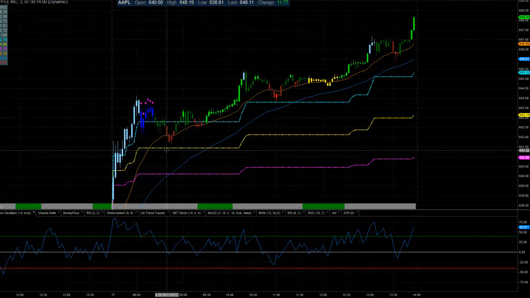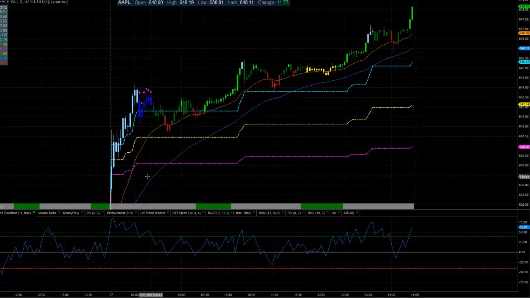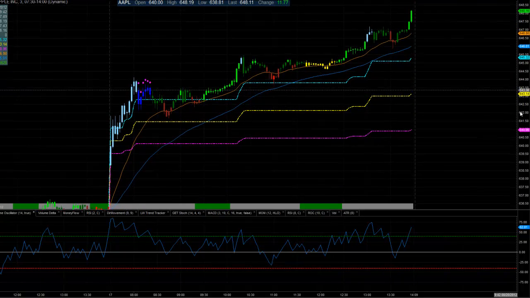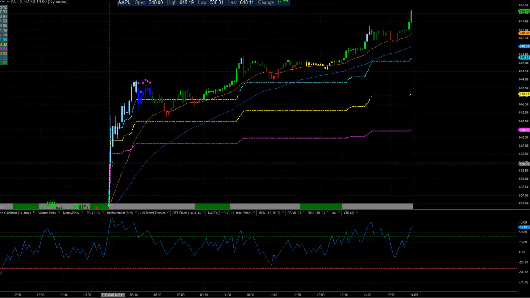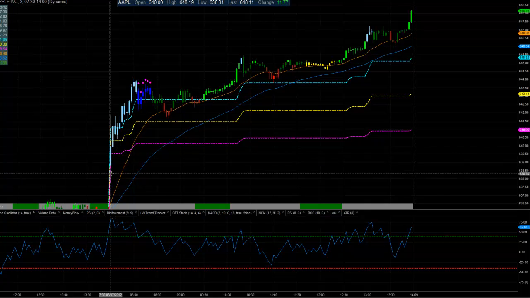In essence, the software code that I have, at the beginning of each day, whatever stock I have on my screen, starts to calculate from the first candle of the day the dynamic pivots using the low of the day and the high of the day.